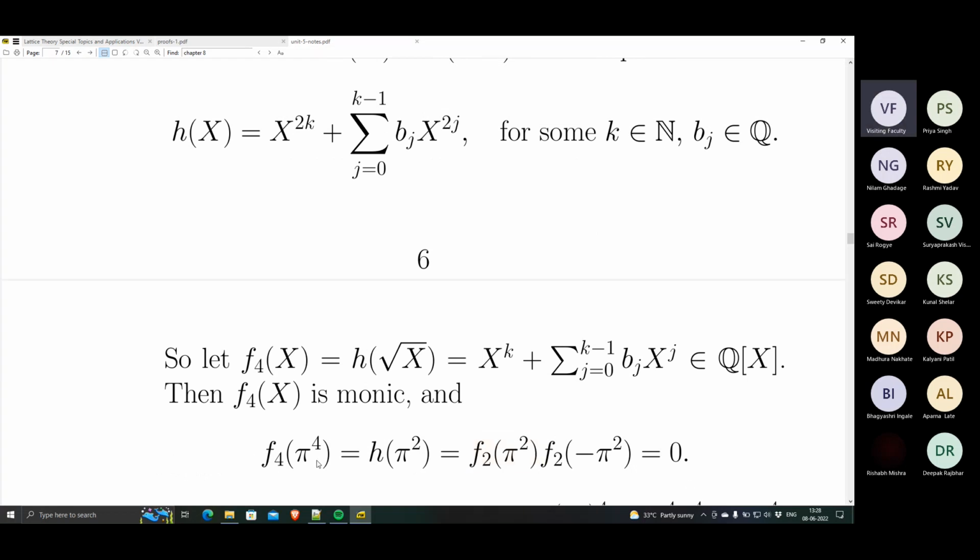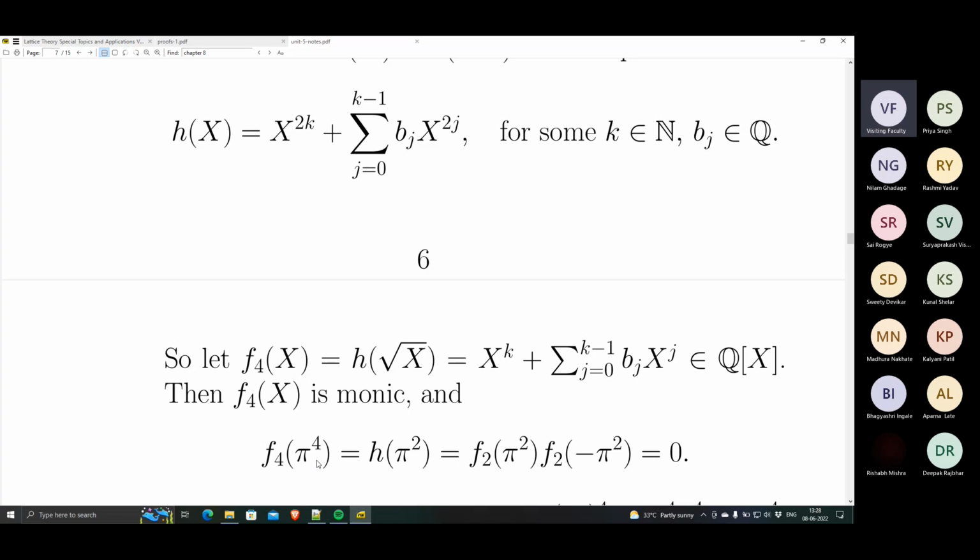Therefore, f4 at pi raised to 4 is equal to 0. Okay, so we have done this trick 2 times. We got a monic polynomial that vanishes at pi. Using that, we constructed a monic polynomial that vanishes at pi squared. Using that same trick again, we constructed a monic polynomial that vanishes at pi raised to 4. Okay, so you can do this for squares of elements.